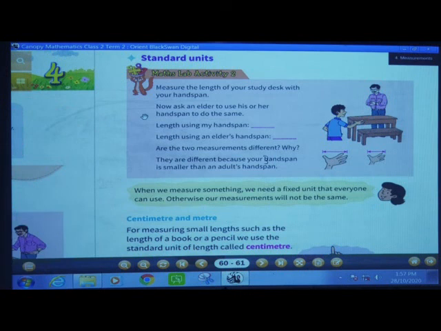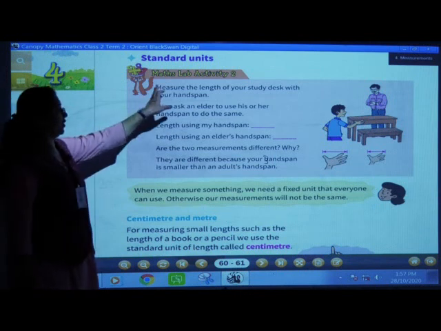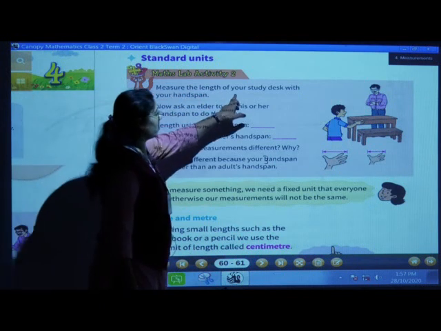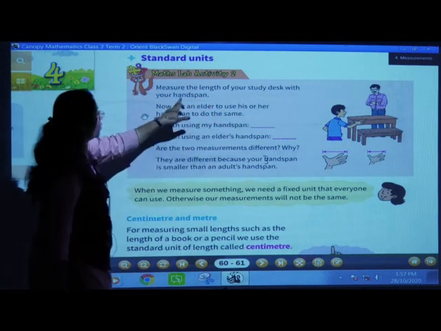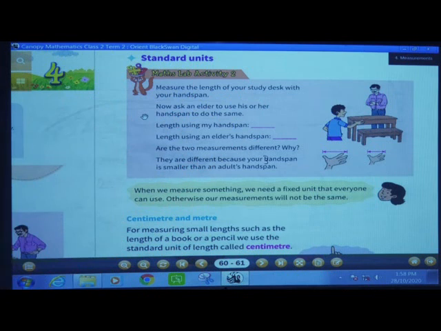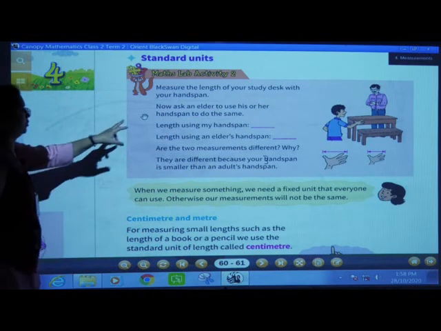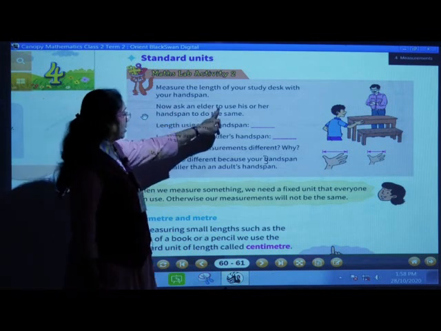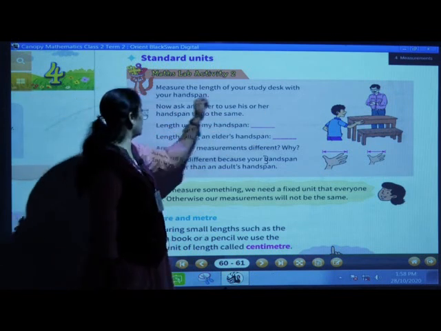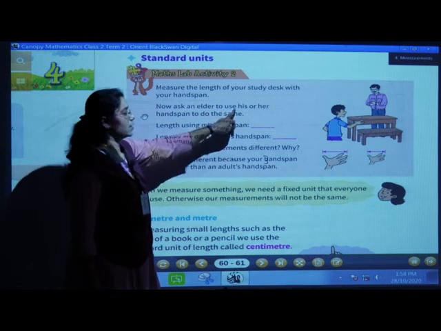See, activity 2: measure the length of your study desk with your handspan. You have to do this activity at your home. Now ask an elder to use his or her handspan to do the same.